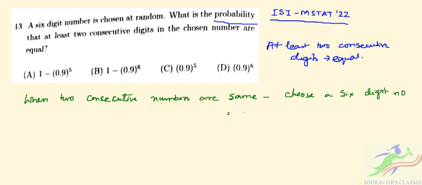It will be the first place 9 into remaining of the place will be out of the 10 digits, right? So we will have this 9 into 10 to the power 5.